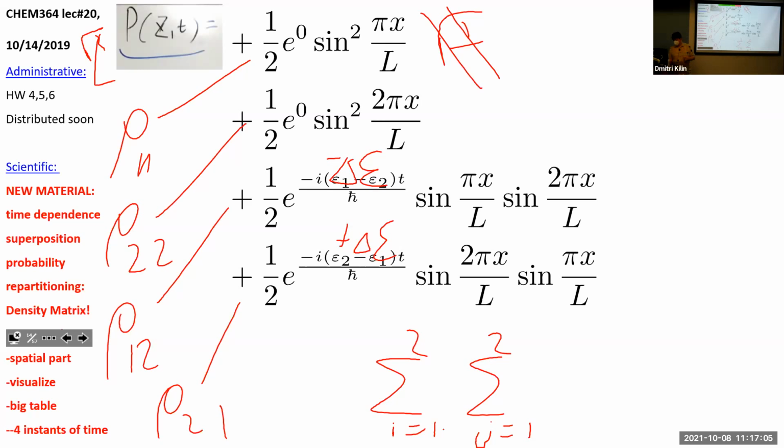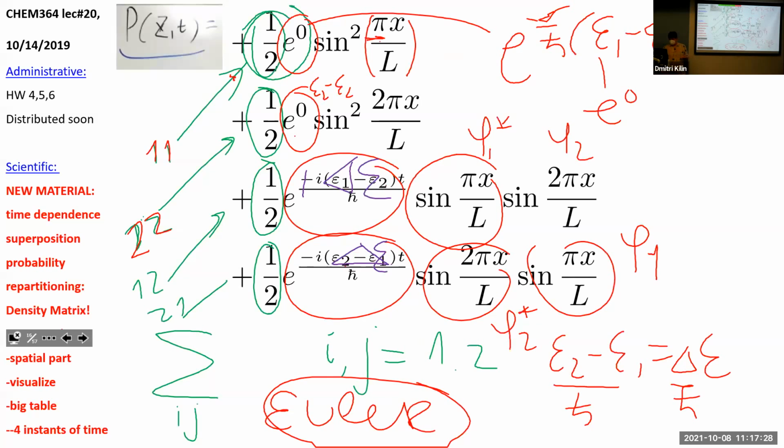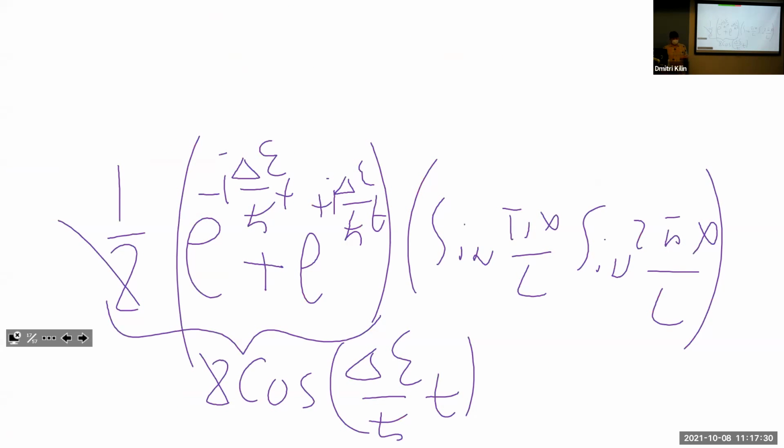So first two are positive, last two alternating sign, and first two do not change over time, and last two change over time as imaginary exponentials. But since the spatial part is absolutely the same, we can put it out of the bracket and add together these two exponentials, right? And by Euler equation, it is expected to give us a cosine. Please confirm. Okay, yeah, thank you.